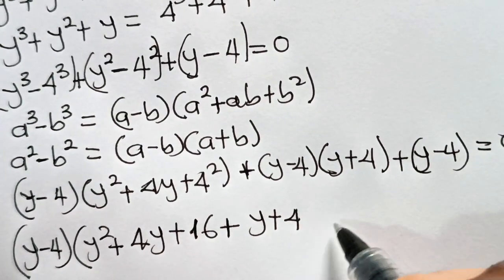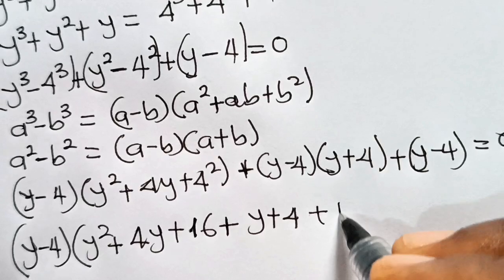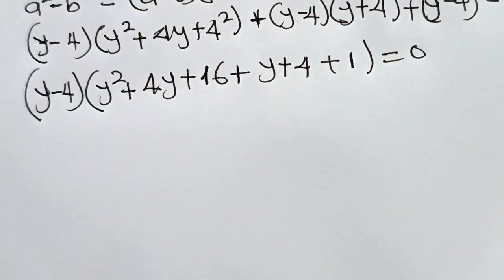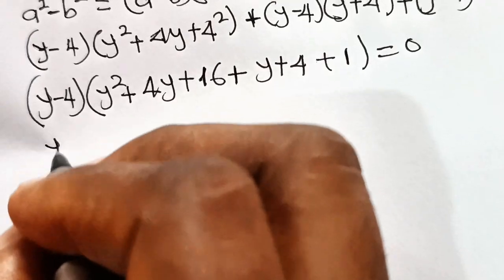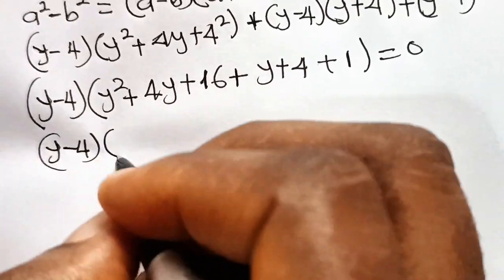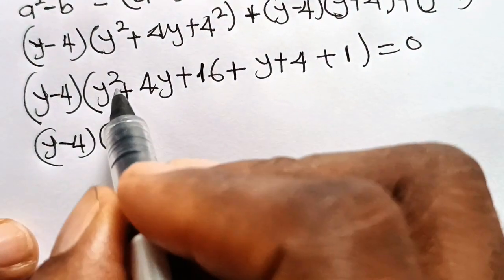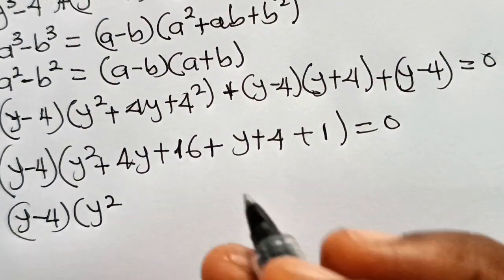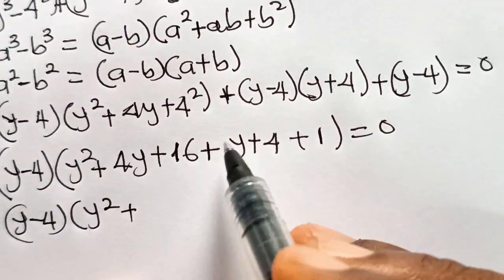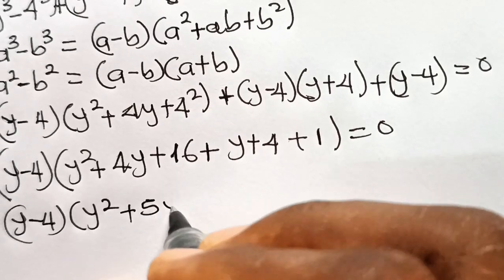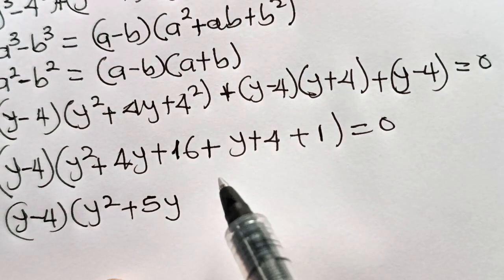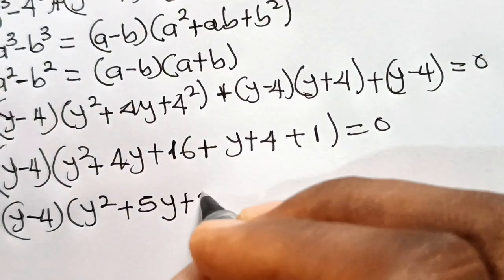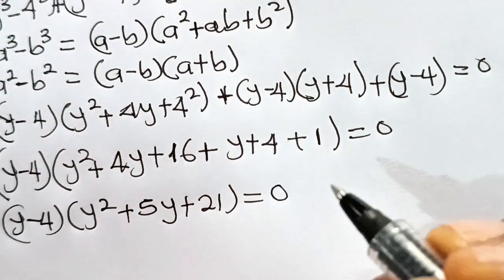And when this is divided by itself, we are left with 1 is equal to 0. Now we have y minus 4 brackets y squared plus 4y plus y will give us 5y, then 16 plus 4 is 20 plus 1 is 21 is equal to 0.